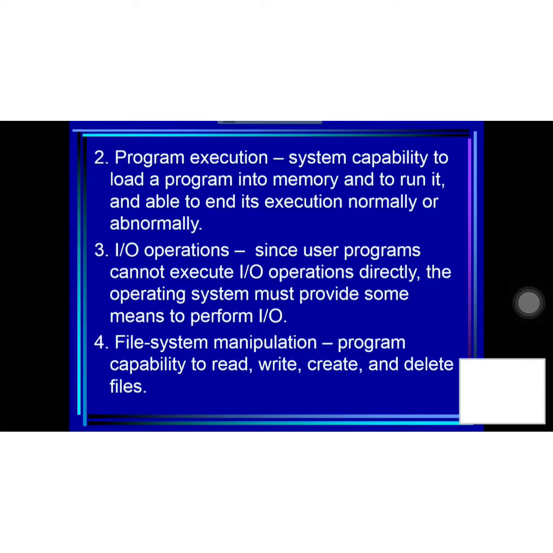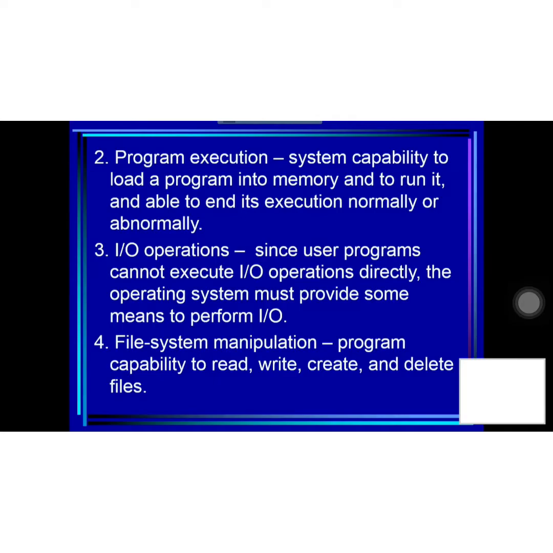The fourth service is file system manipulation. The file system is of particular interest. Obviously, programs need to read and write files and directories. They also need to create and delete them by name, search for a given file, and list file information.